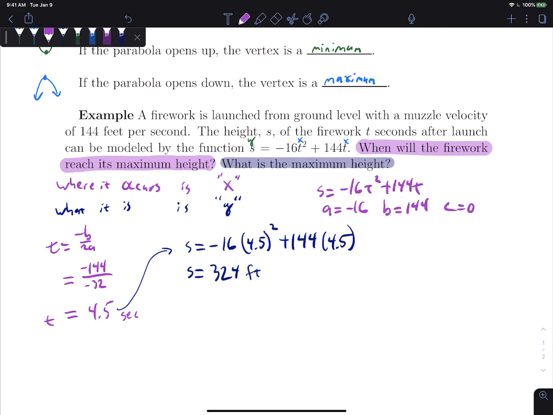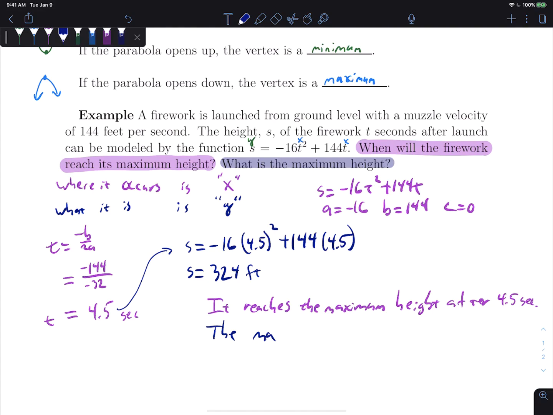In answer to the questions, it reaches the maximum height after 4.5 seconds and the maximum height is 324 feet.